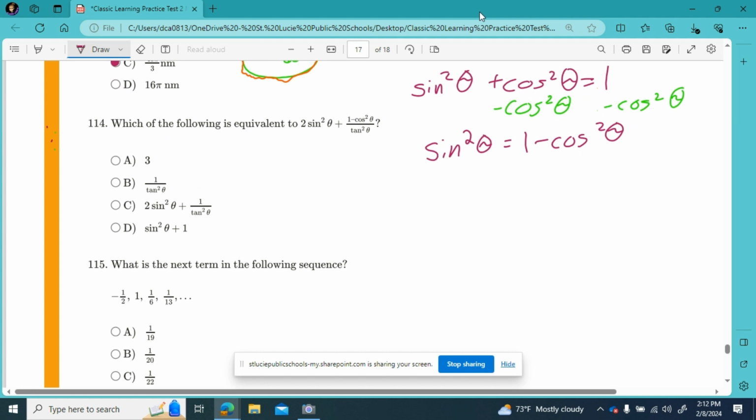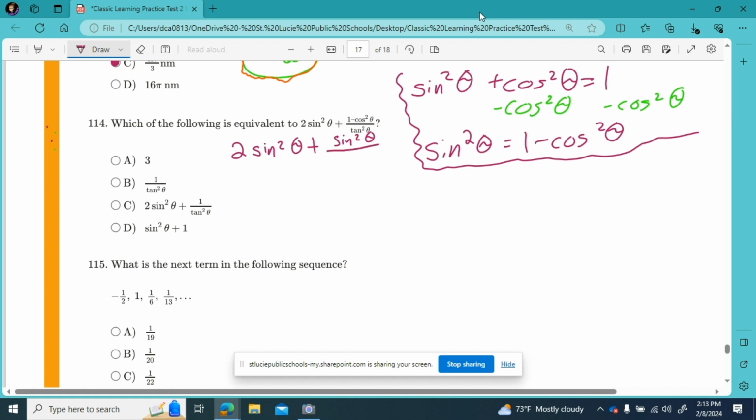They gave you this. So right away, we can start simplifying that. That's just given information: 2 sine squared theta plus, instead of writing 1 minus cosine squared theta, I'm going to write it as sine squared theta, because we just proved over here that these are equivalent.